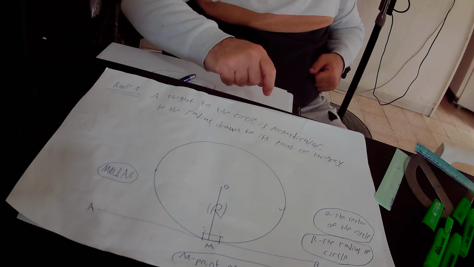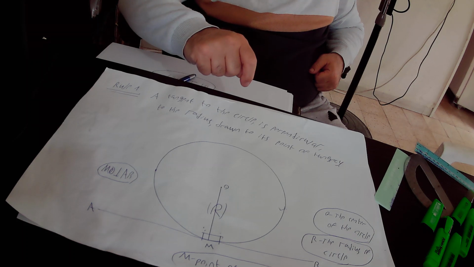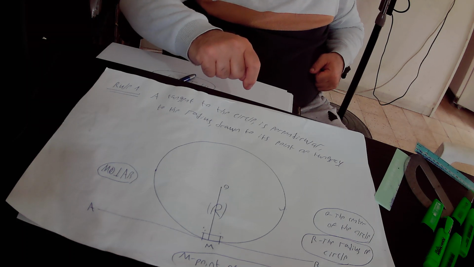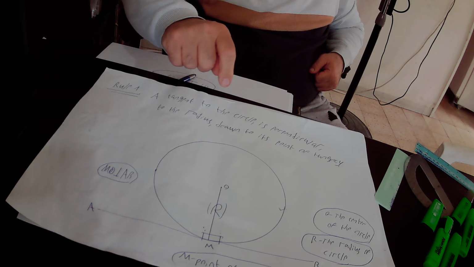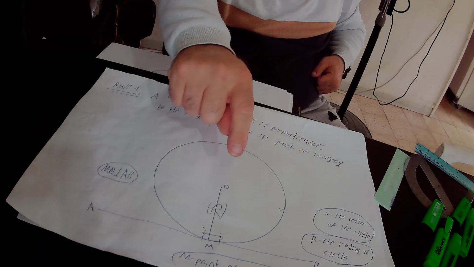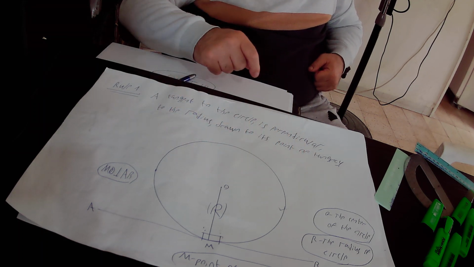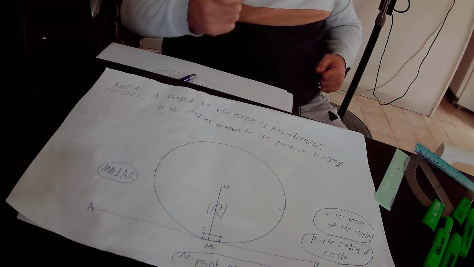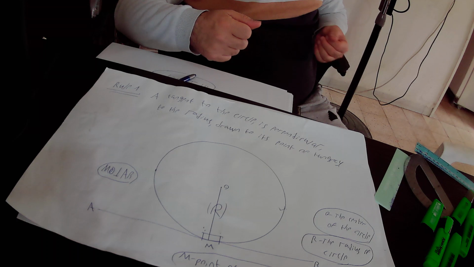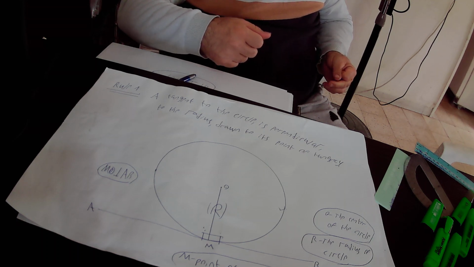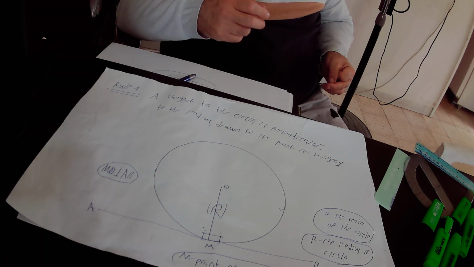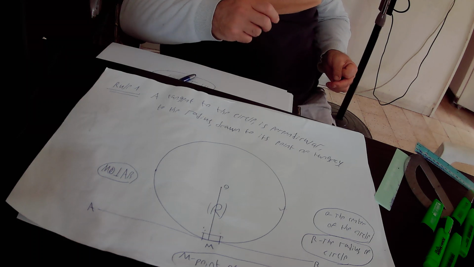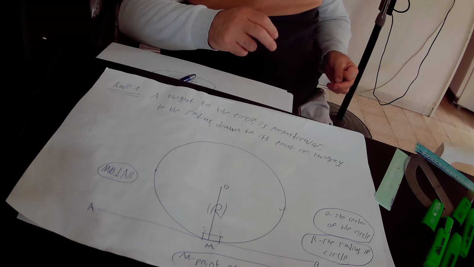Whenever you have a radius drawn to the point of tangency, then line segment AB will be perpendicular to the radius MO. But what is line segment AB? Line segment AB is a tangent. So we can conclude that whenever we have a line segment that is perpendicular to the radius, it must be a tangent of the circle.